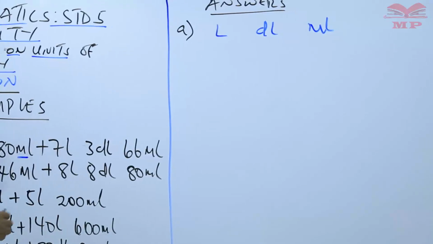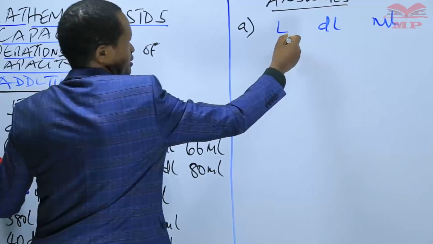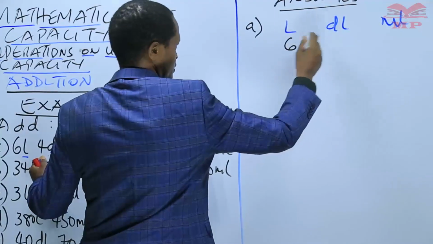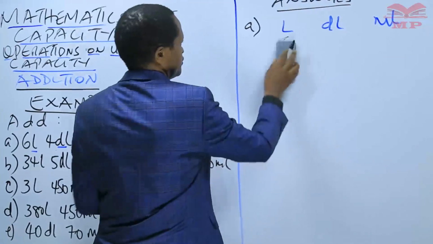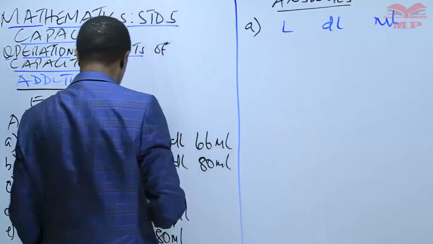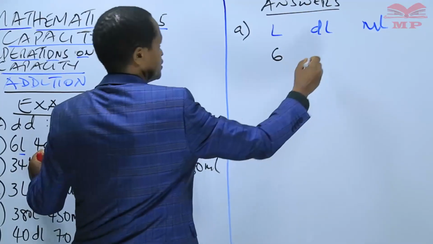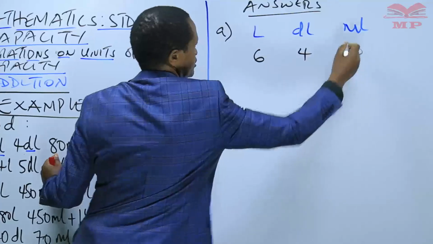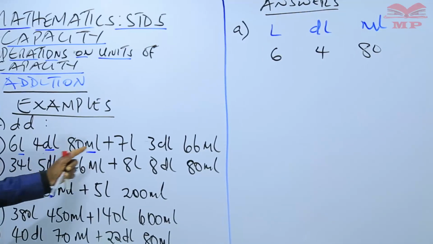So we are adding 6 liters, 4 deciliters, 80 milliliters plus 7 liters, 3 deciliters, 66 milliliters. Let me create some space here for carrying over.